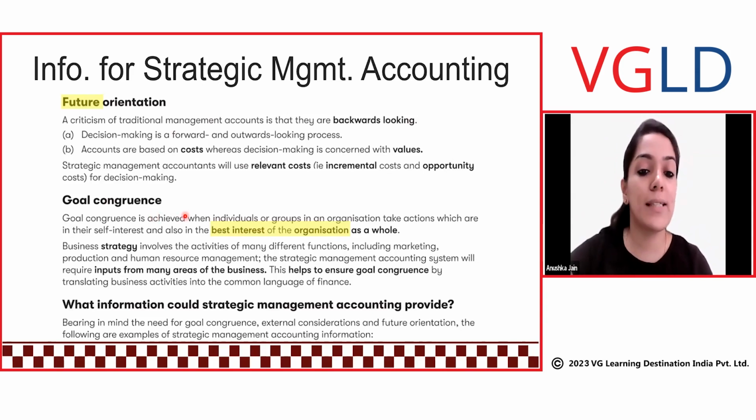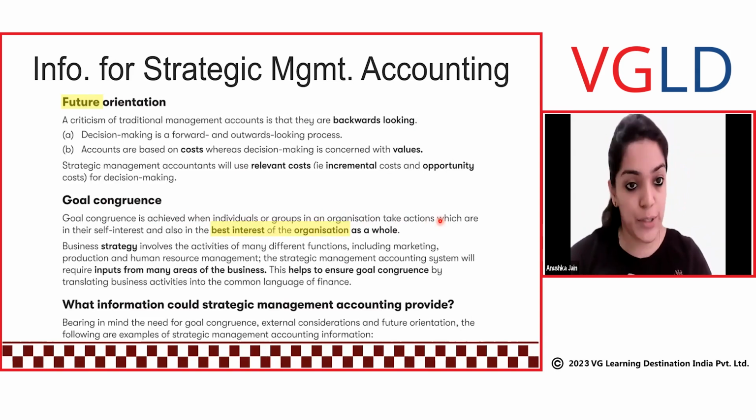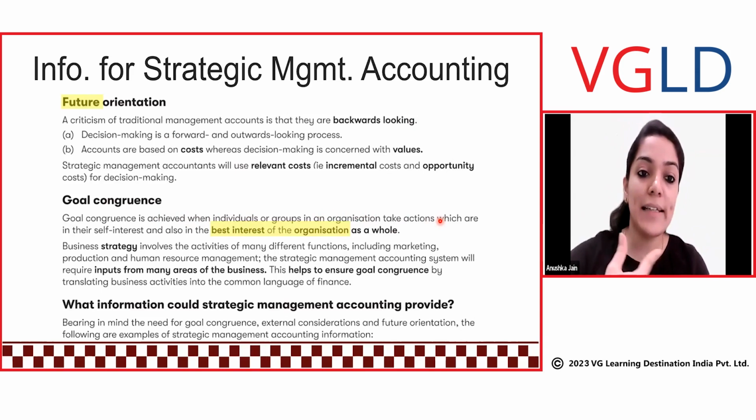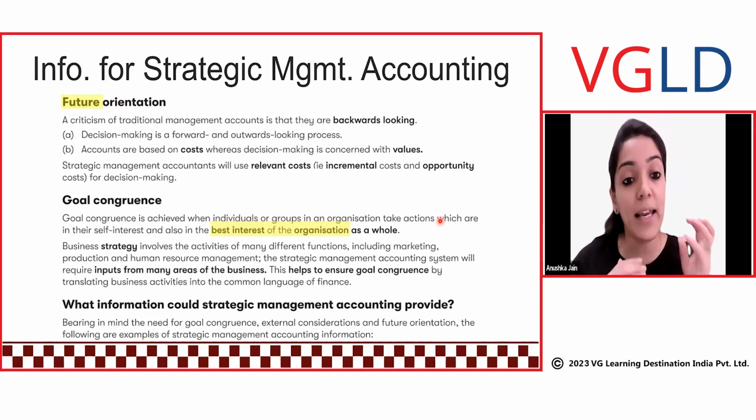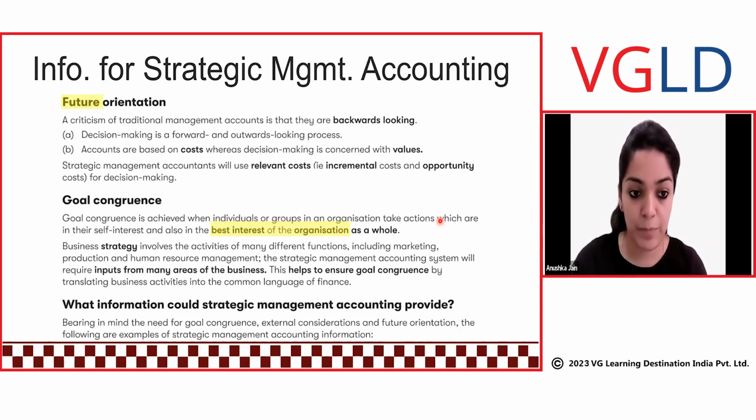So goal congruence is achieved when individuals or groups in an organization take actions, my activities, which are in my self-interest and also in the best interest of the organization. That is goal congruence, that my goals are meeting with the organizational goals because of my activities. That is what the objective should be.